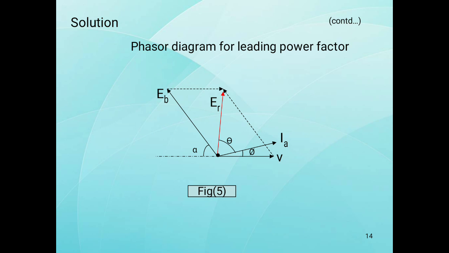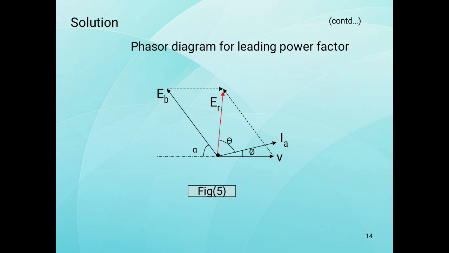Now here is the phasor diagram for leading power factor. The phase angle between voltage and current is phi, that is leading, and the internal angle theta is between ER and IA, that is the internal angle or impedance angle, and alpha is the load angle.